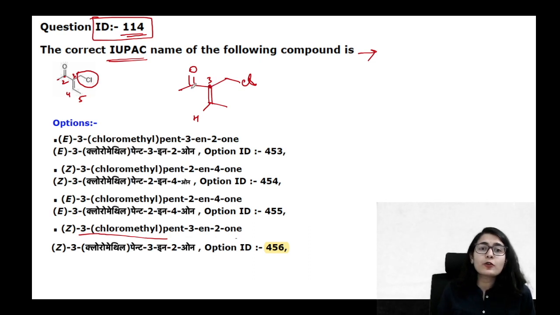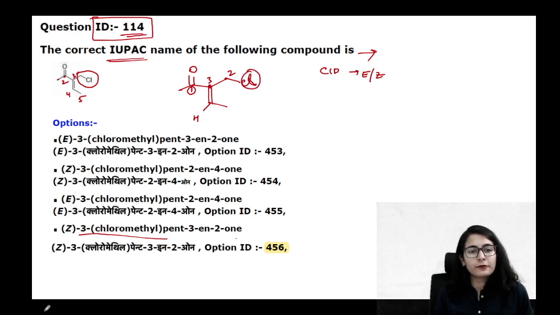First priority goes to this carbonyl. According to the CIP rules, you will give the E and Z nomenclature, right? So first priority to this, second priority to this, or let's say this is connected to an oxygen and this is connected to a bigger size Cl over here.